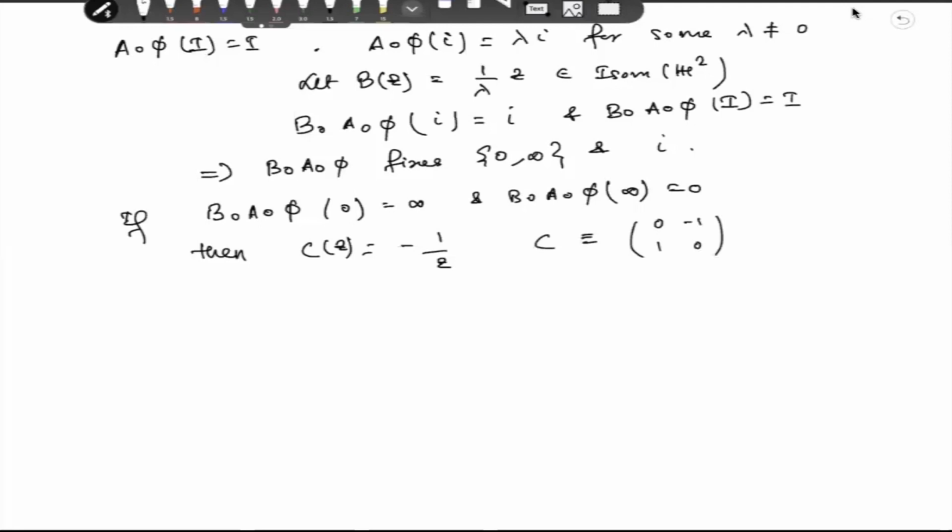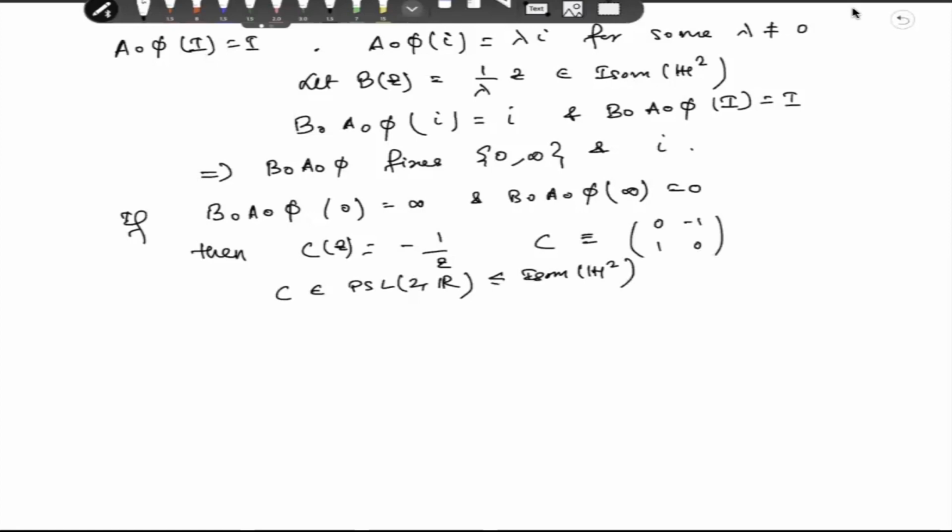The determinant of this matrix is again 1. So this C corresponds to an element of PSL(2,R). So C is again an isometry, and PSL(2,R) is a subgroup of the isometries of the upper half plane.